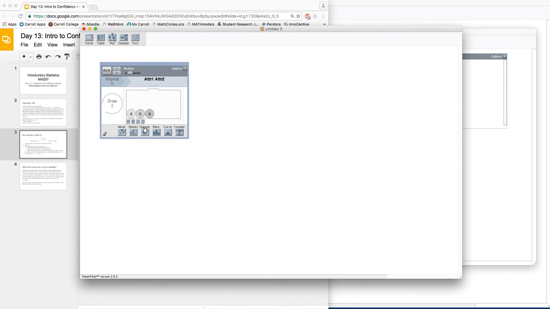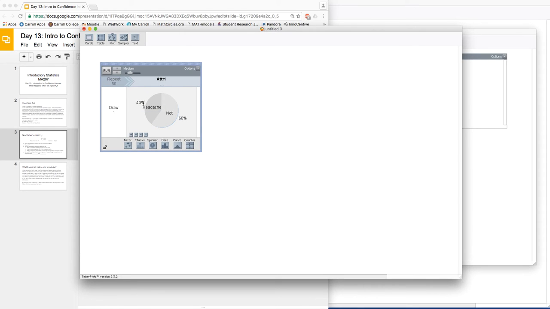So here's my new simulation. This is headache versus not. I'm going to draw one person 50 times, but now I'm going to make sure that, oops, I want percents, there we go, 40%. So what we did was we gathered data, we rejected the hypothesis that it was 20.